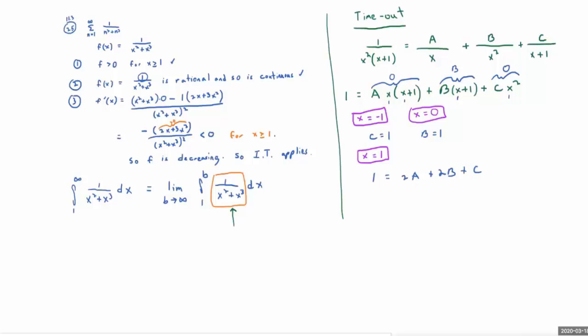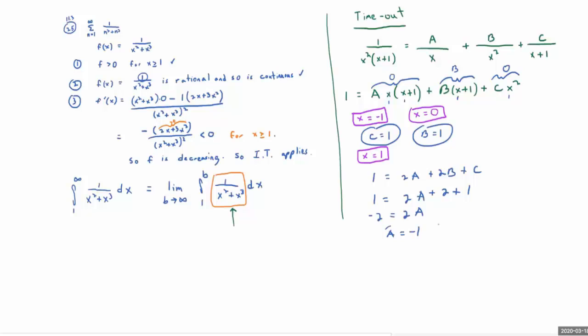But we know c equals 1 and b equals 1. So 1 equals 2a plus 2 plus 1. Do you buy all that? And then subtract the 3. So that's -2 equals 2a, or a equals -1. Okay.